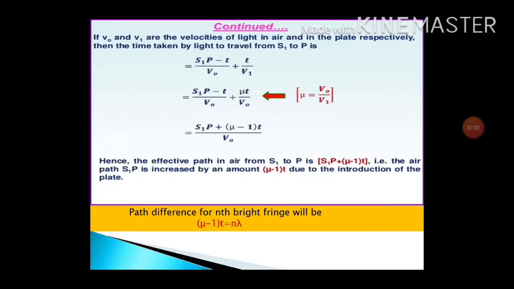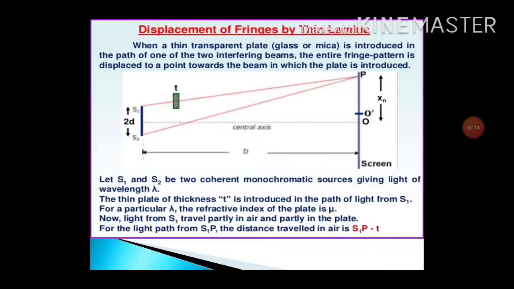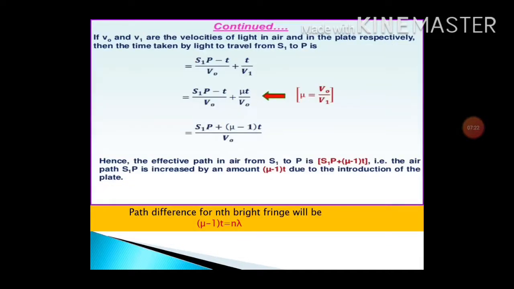And I also have to add the part for T. Now T is the thickness of the plate, so it is the distance travelled by the wave in the plate. So we will write T by V1, right? Now by taking these two terms in the second step, I have substituted the value of V1 from the formula.